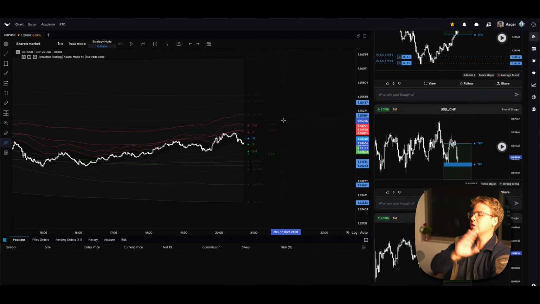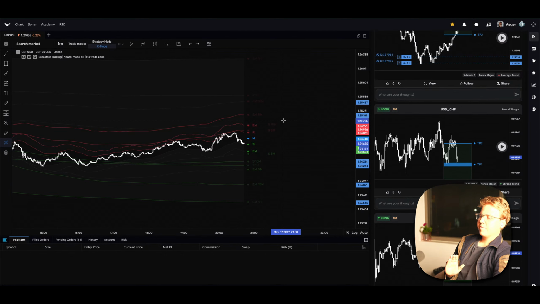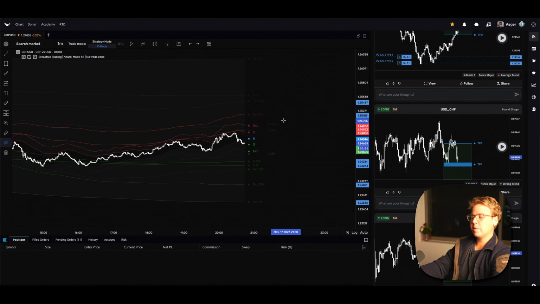Okay, so it should become a lot easier because I really think a lot about this. Like, how do we make it more simple and easy for people to trade? A lot of this happens while we're researching or I'm recording the academy, and I'm like, oh, this is just so difficult for people to understand.